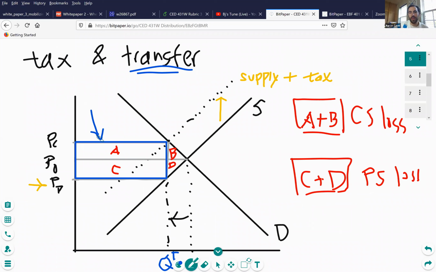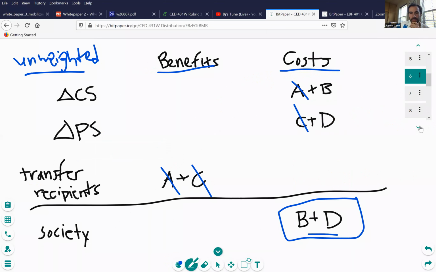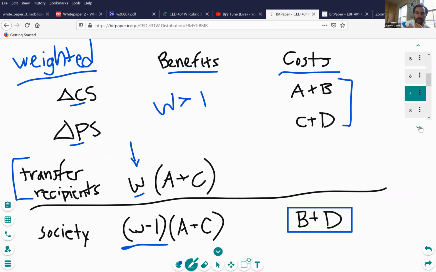And whereas before in an unweighted cost benefit analysis, the transfer of those resources to somebody else actually had no net effect on society, now the net effect is positive, given that we have this W greater than 1 to assign greater weight to these transfer recipients.